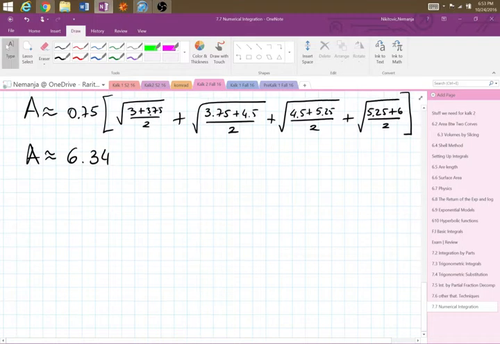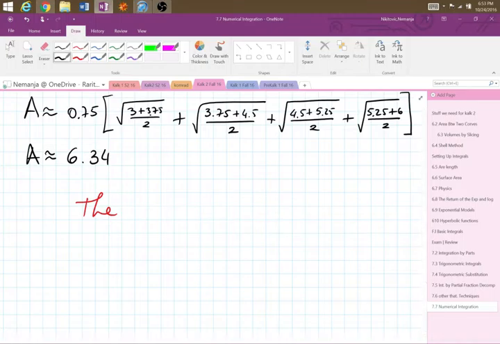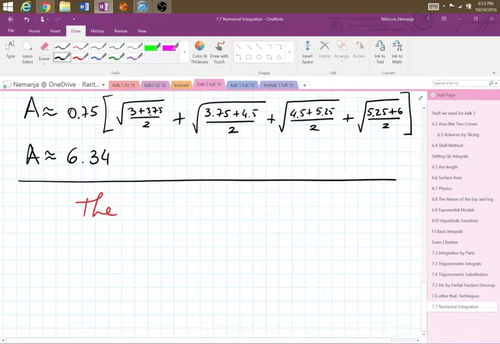Trapezoid rule. So midpoint rule, as I said, very simple. Make sure you are finding the average.